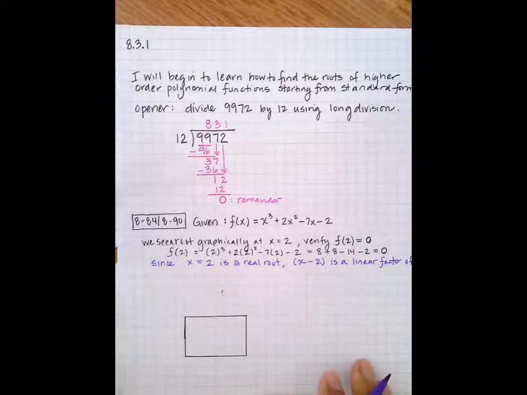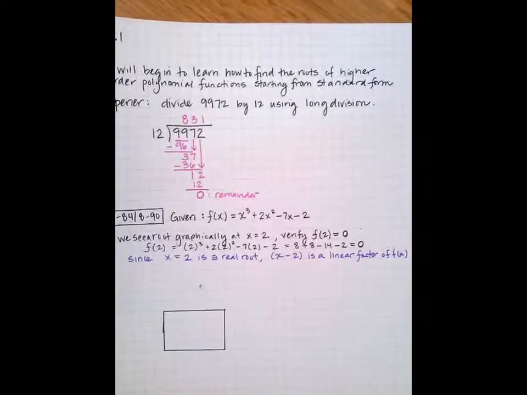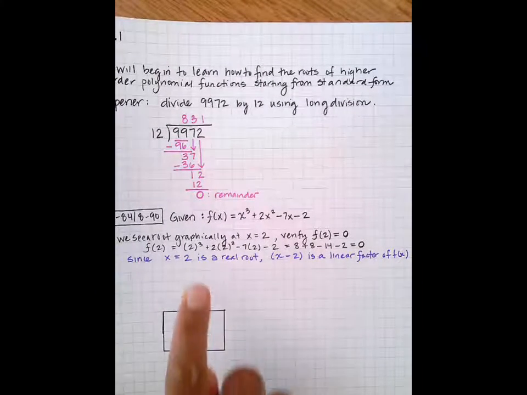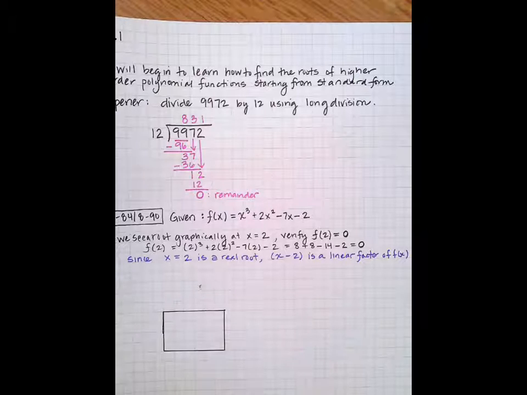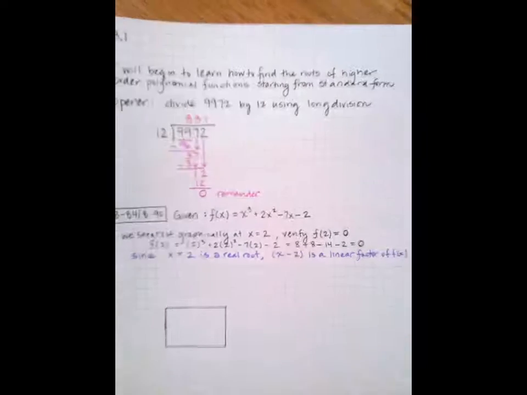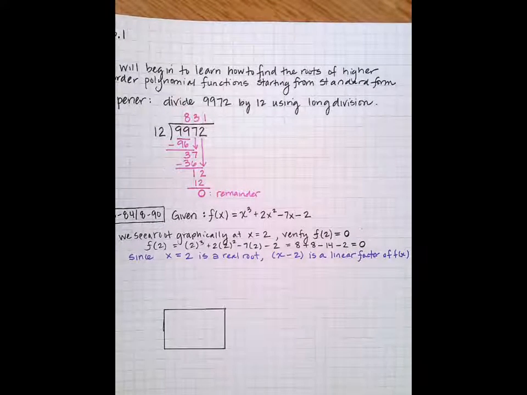And we know that it's a linear factor of f of x because, again, using the zero product property backwards, if I would subtract 2 and set that equal to 0, that must have been how I could, for example, have got that real integer value out. So once we do that, we can actually use this concept to figure out, well, how do we factor this third degree polynomial? And so we are going to build on our understanding of using a rectangular area model in this lesson, in addition to also going through long division process.